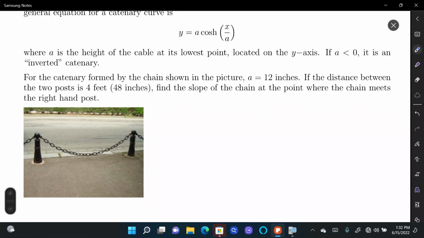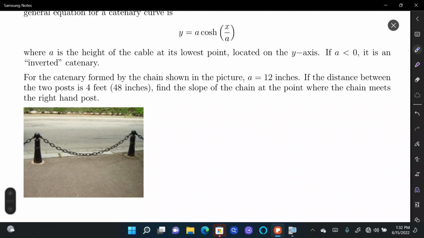Find the catenary form of the chain with a equals 12 inches, and the distance between the two posts is 4 feet or 48 inches. Be careful, because when it comes to word problems and the units are involved, make sure to have consistency with the units and have everything in either inches or centimeters, depending on the units, right?